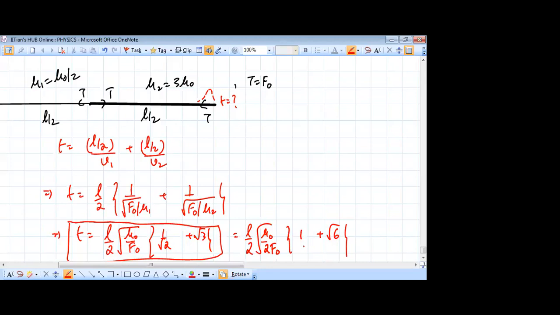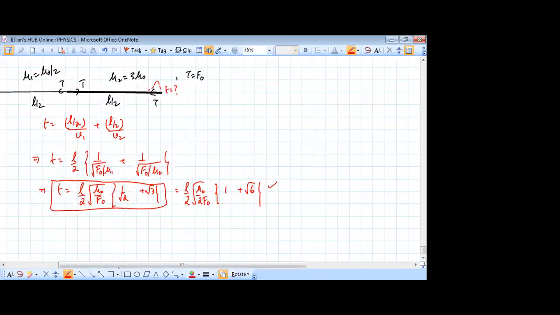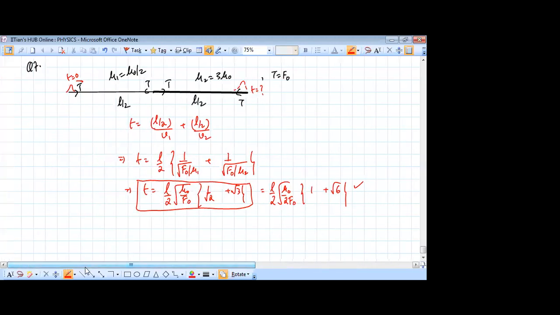It should be the correct answer. Anyhow, that's just algebra at the end. The concept is this part. I don't think you should have any difficulty in any of the other questions in this sheet.